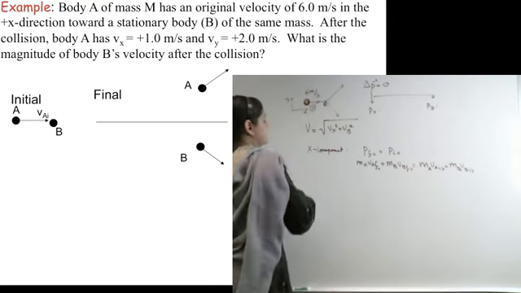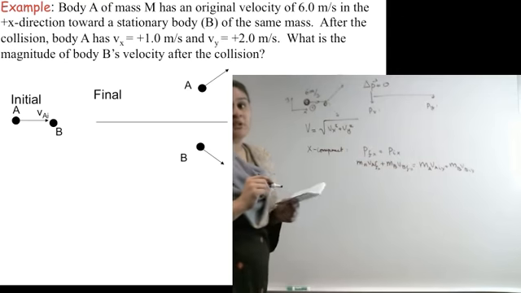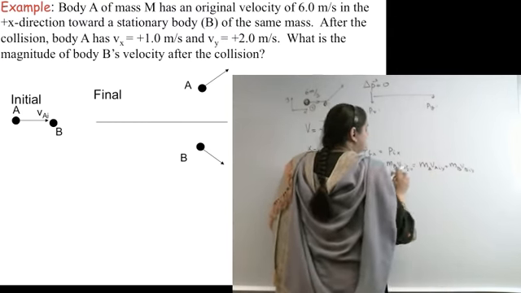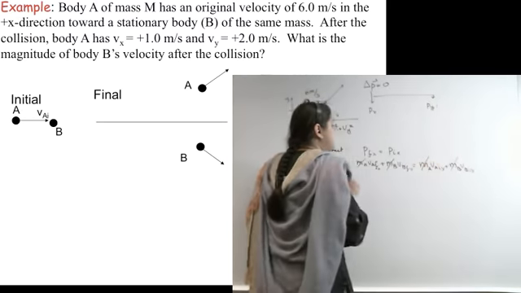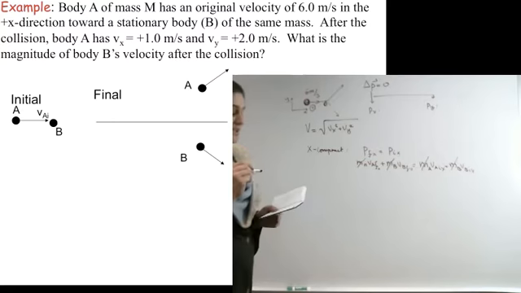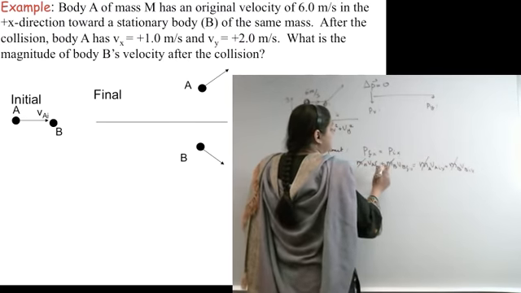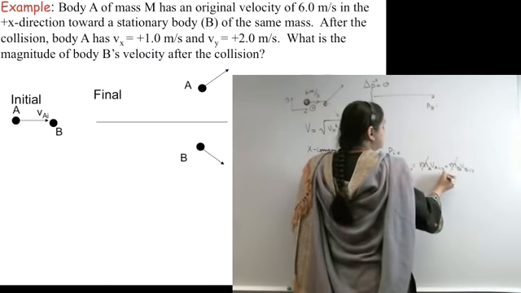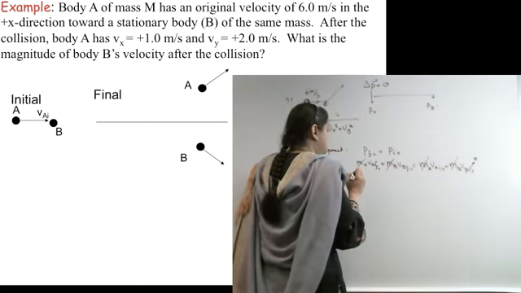Positive x, positive y. The mass it is giving me is m. MA and MB are all the same, so I can get rid of them. This is the final velocity and this is the final velocity, this is the initial velocity and this is the initial velocity. Well, this one is equal to 0 because that is what's given to us.